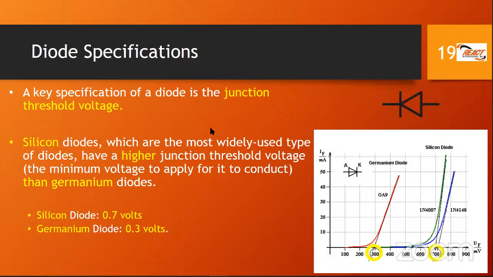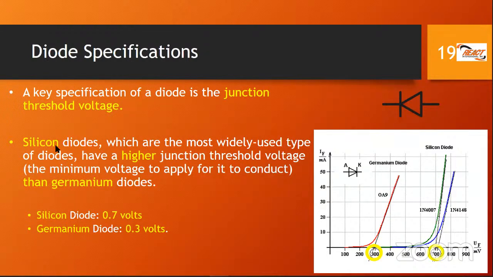For diodes, there is a specification that we need to be aware of that's called the junction threshold voltage. That's a key specification for diodes. And we need to know that there are two different types of diodes that we will encounter for our purposes, and it's really based on the material they are made from.